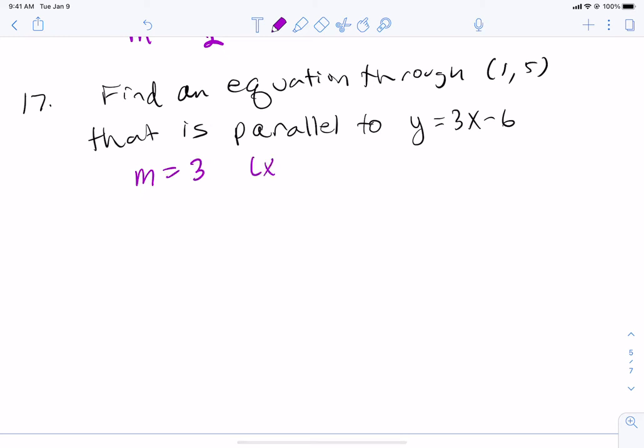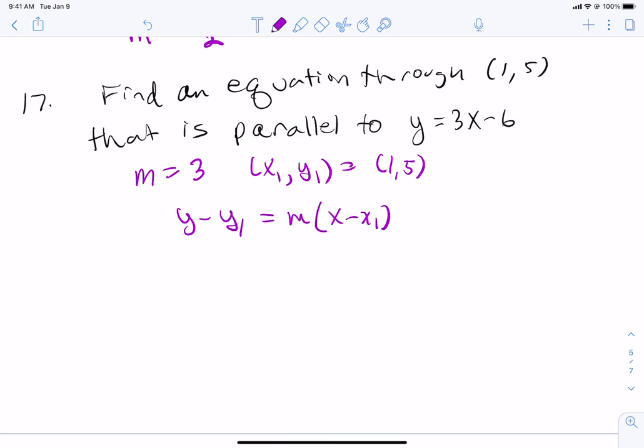The point has to be 1, 5. This is where the point slope formula, y minus y1 equals m times x minus x1, can work for us one more time. We can take the 3 and the 1, 5 and plop it in, do a little bit of algebra, we got it.